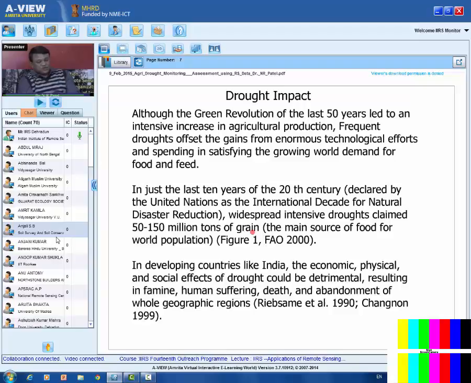In general, whatever gain we achieved due to the green revolution in the late 60s and early 70s is being offset by persistent drought which hits India in one year or another.